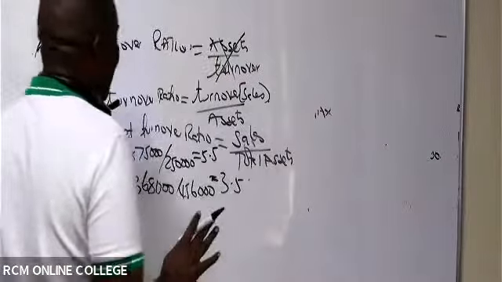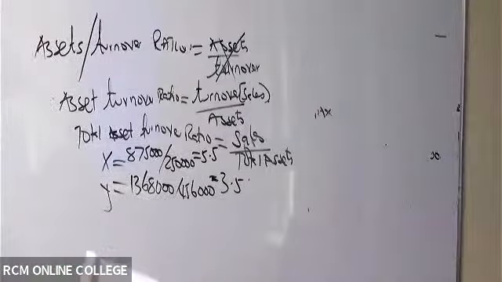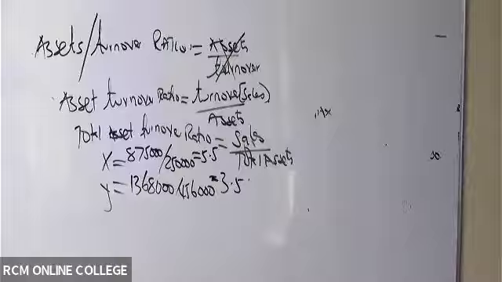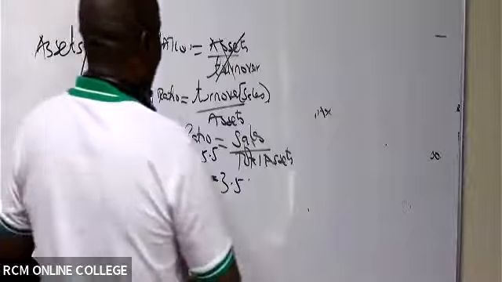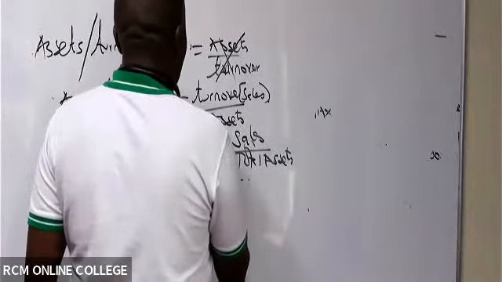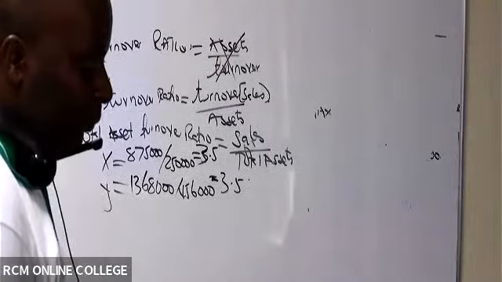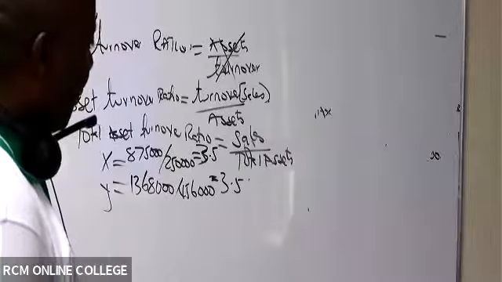So at least for once, we have seen a situation where X is posting a better performance. I was really here complimenting now X. So 3.5 versus what here? So 3.5.